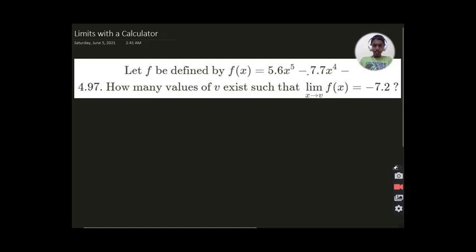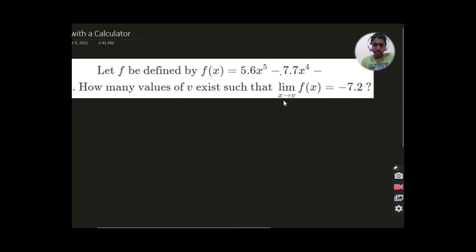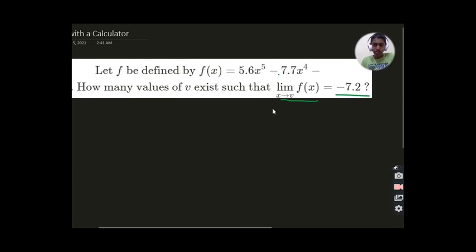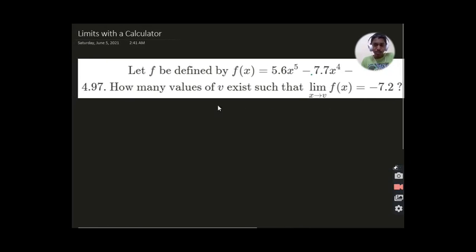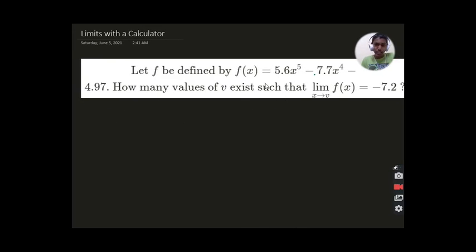Okay, so this next one is fun. It's a calculator problem. Let's read this here. Let f be defined by that ugly function. How many values of v exist such that the limit as x approaches v of f of x is minus 7.2? One important thing to note is that f of x is a polynomial.